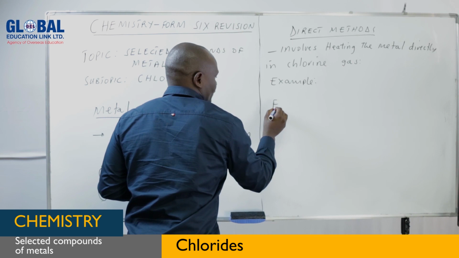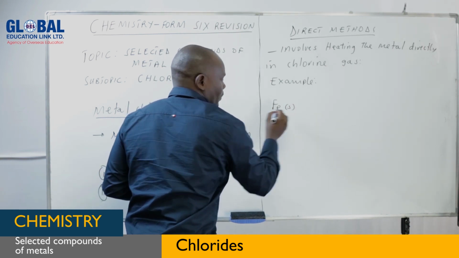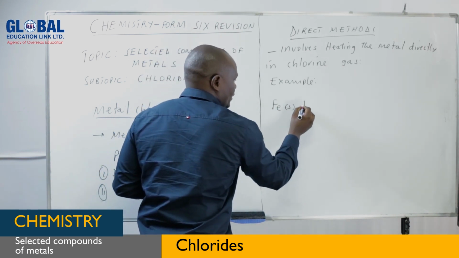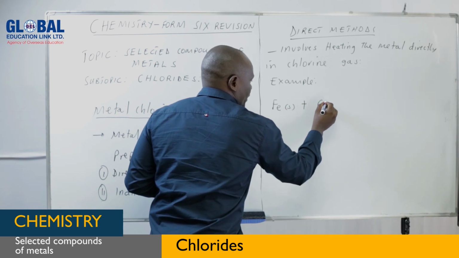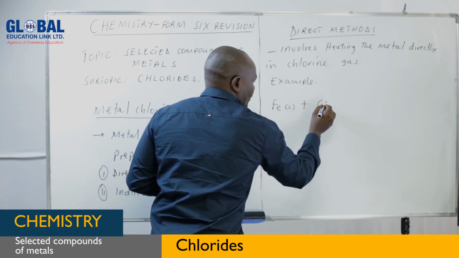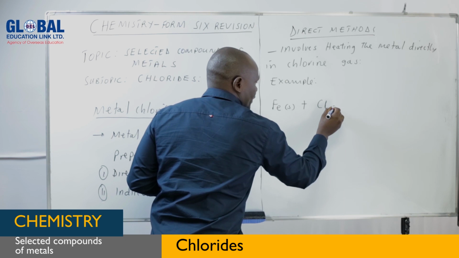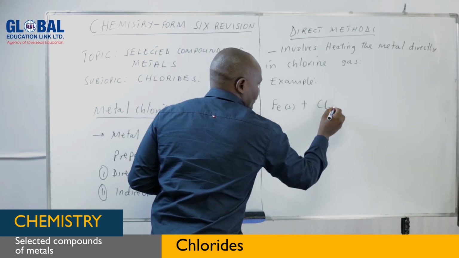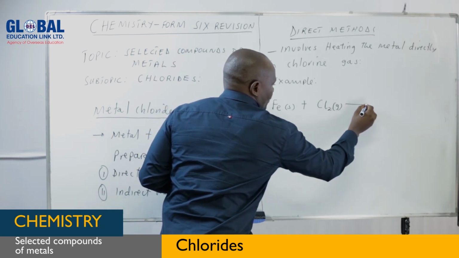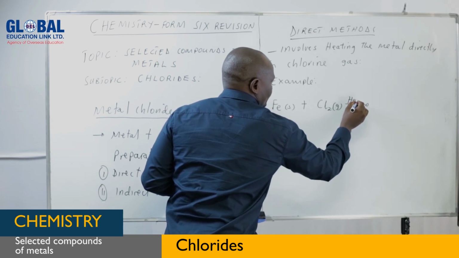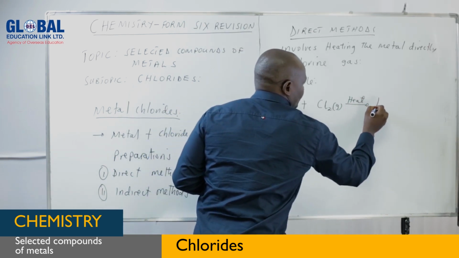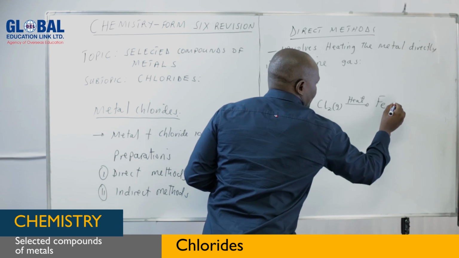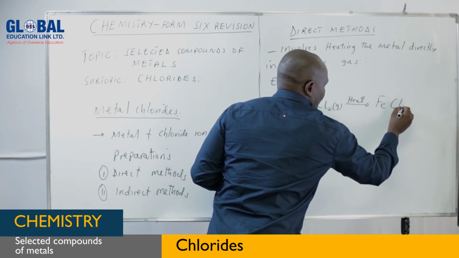Iron, which is solid, when heated directly in chlorine gas, then the product is iron 2 chloride.